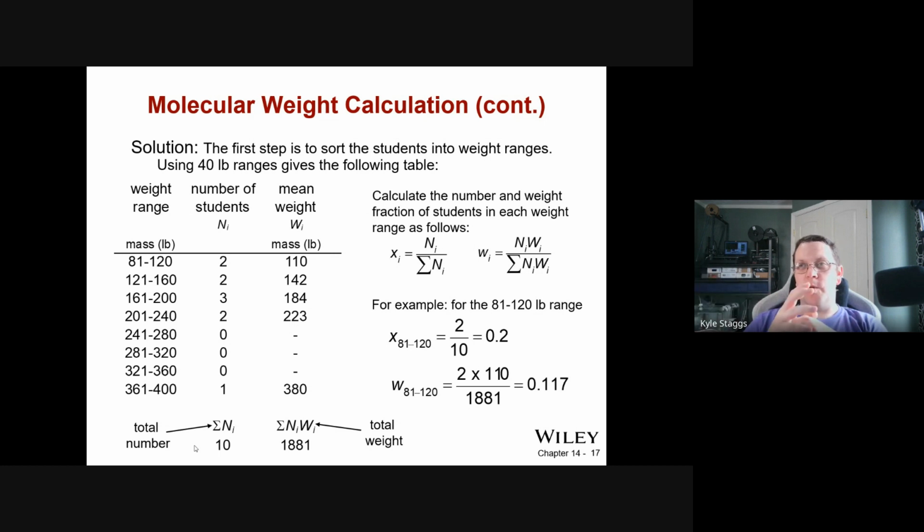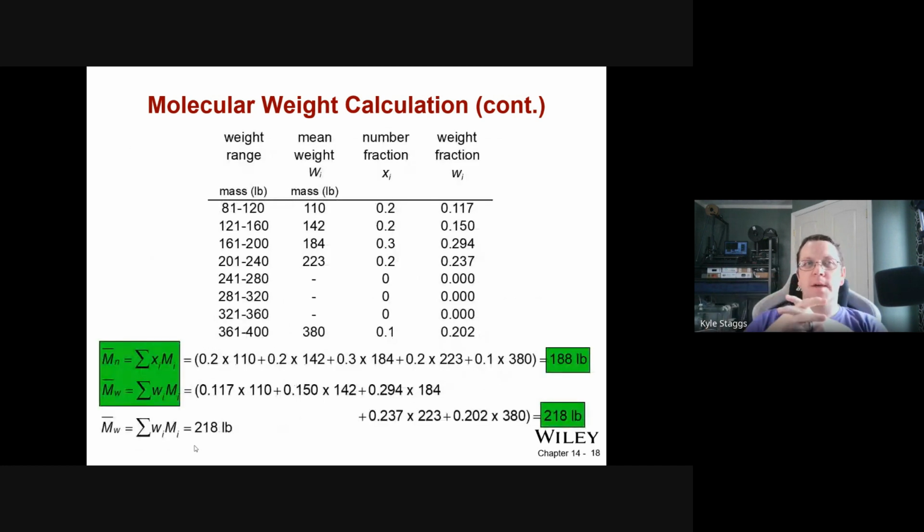So we have 0.117 instead of 0.2. That suggests the weight calculation suggests a different range.